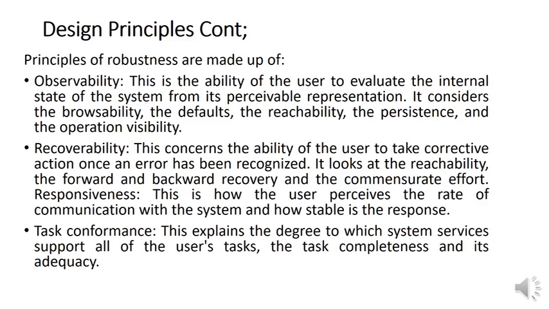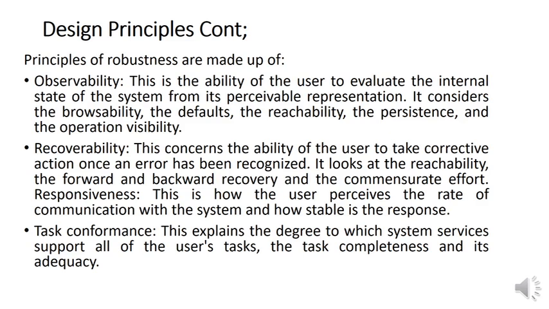So when you are observing the system, they said the ability of the user. Look at it now, the user to be able to do what? To evaluate the internal state of the system. The user must be able to evaluate the internal state. It should be able to think that, hey, this is what the system is trying to do, or this is the result or operation or instruction that this system is trying to carry out.